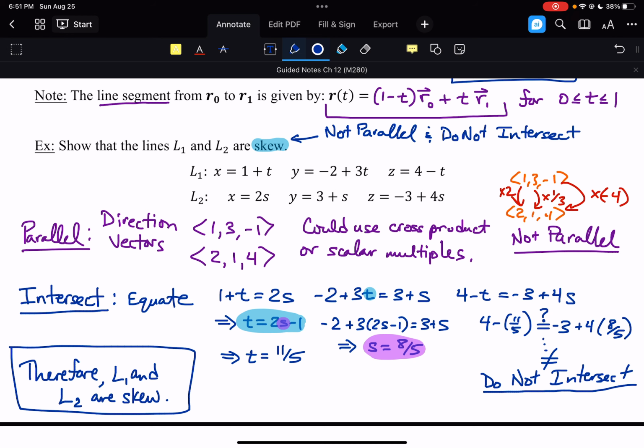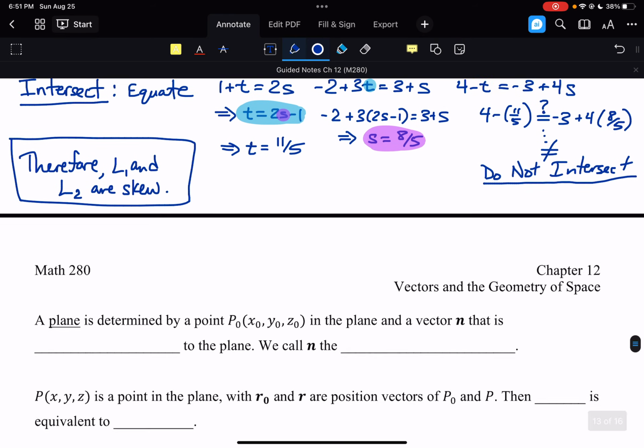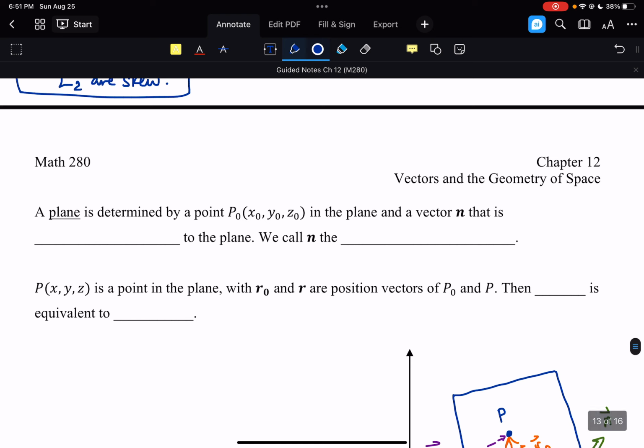Now, let's go ahead and move on from lines and start talking planes. So a plane is determined by a point, P naught, that's x naught, y naught, z naught, in the plane, and a vector n that is orthogonal to the plane.